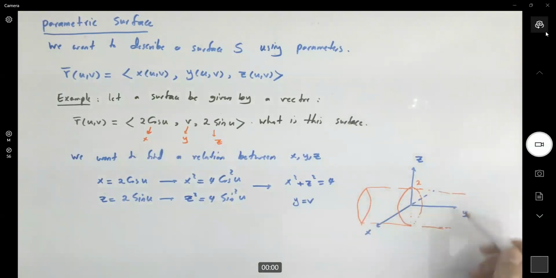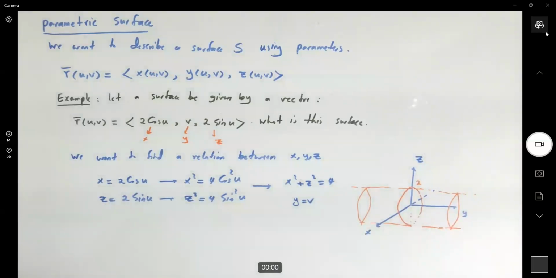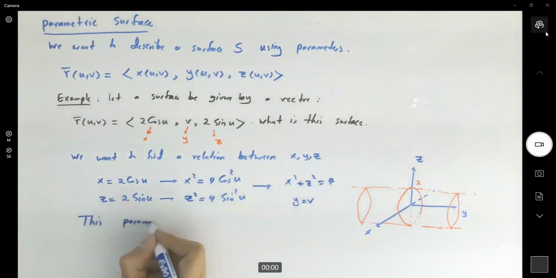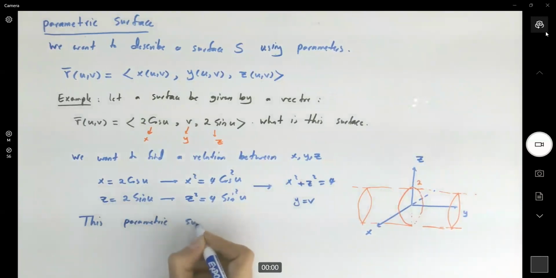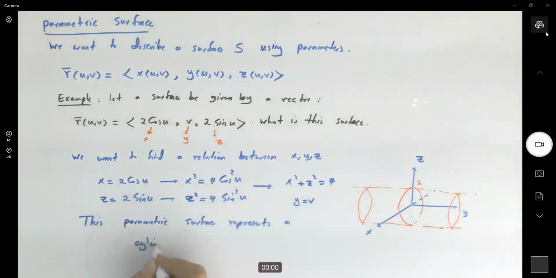It's a cylinder, am I right? This surface represents a cylinder. This parametric surface represents a cylinder. So a cylinder written in parametric form.